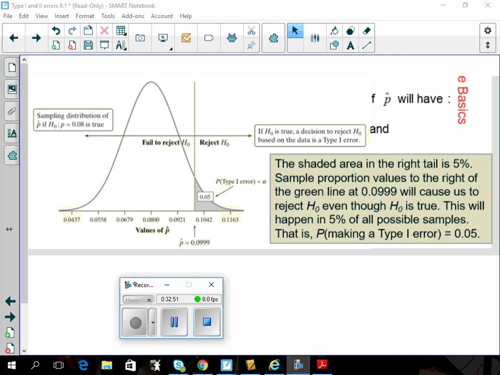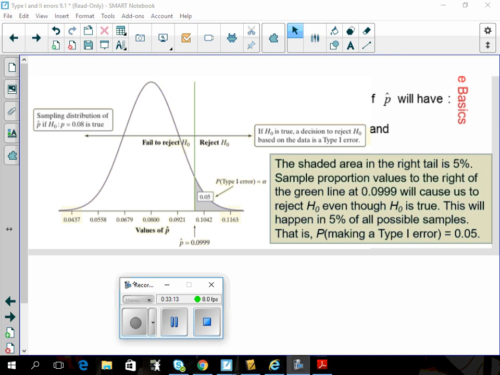An interesting look at the relationship between a type 1 and a type 2 error, okay? So here, this tail probability that's being shaded is the probability of a type 1 error. It's your alpha level, okay? Here is your p hat, that straight line.